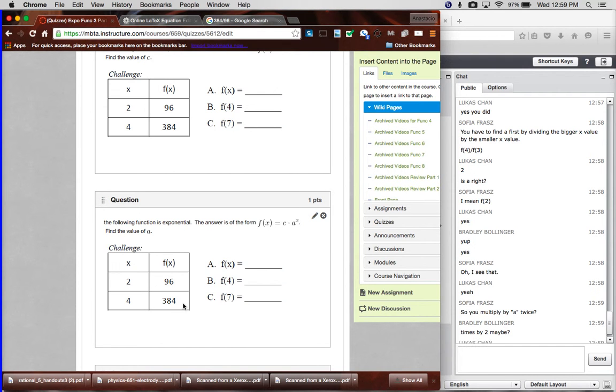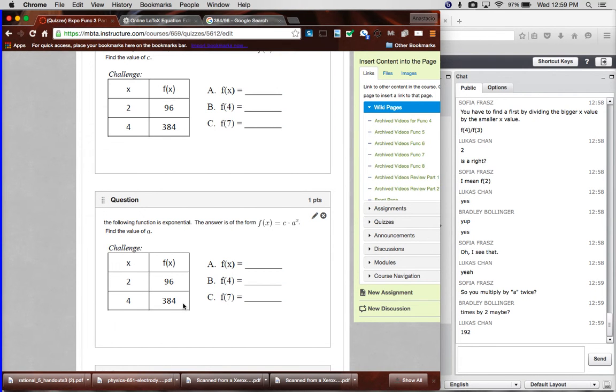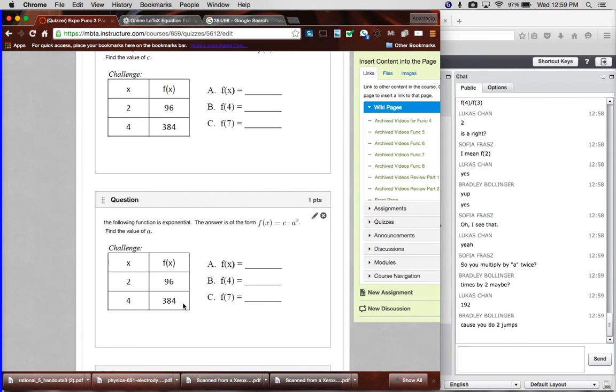So what is equivalent to multiplying, or like, we know that going from 96 jumping up to 384, you multiply by 4, and I think that you guys are right on the right spot. Exactly. Yeah. What you're doing is you're multiplying by this mystery factor twice.